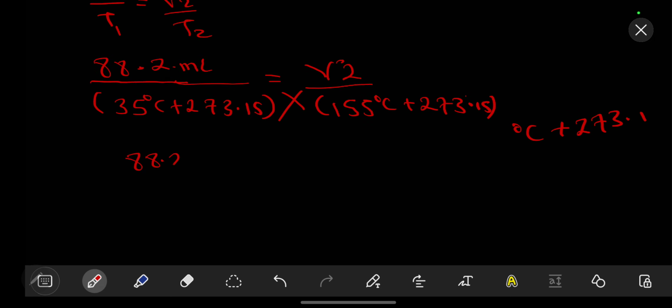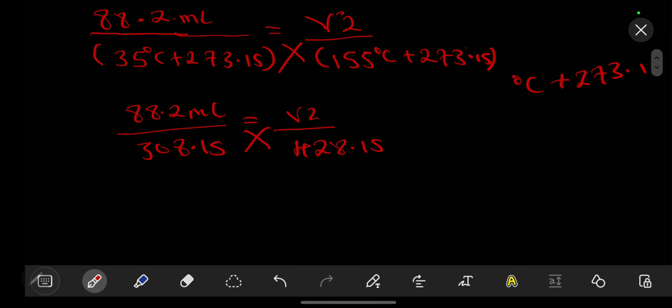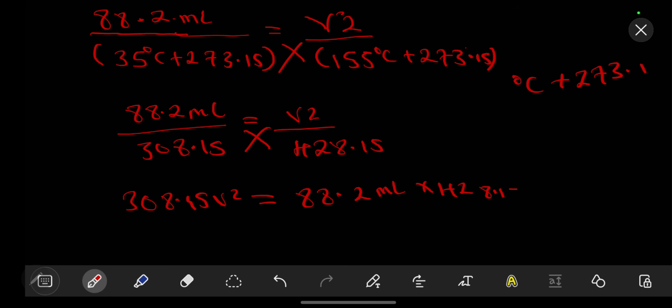So we have 88.2 milliliters over 35 plus 273.15, which is 308.15, equal to V2 over 155 plus 273.15. This will give us 428.15. Then we cross multiply, so 308.15 V2 should be equal to 88.2 milliliters times 428.15.